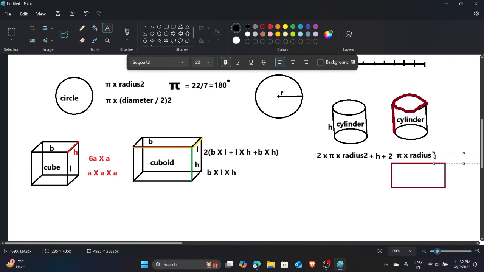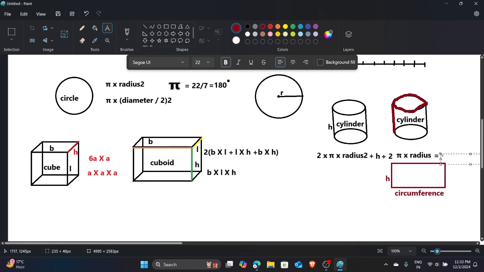First of all I want to clarify, this side is nothing but the height, and this side is nothing but the circumference. I think this is the correct spelling. Yes, this is the correct spelling. This is nothing but the circumference.